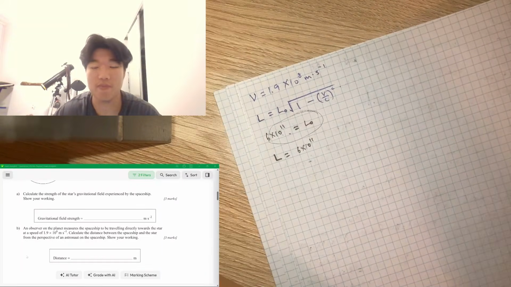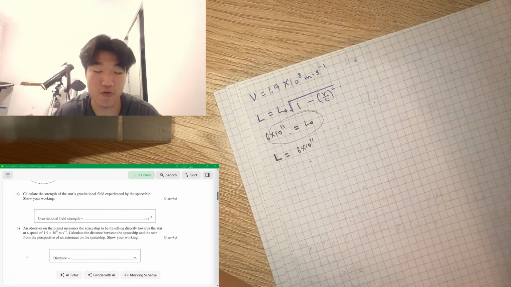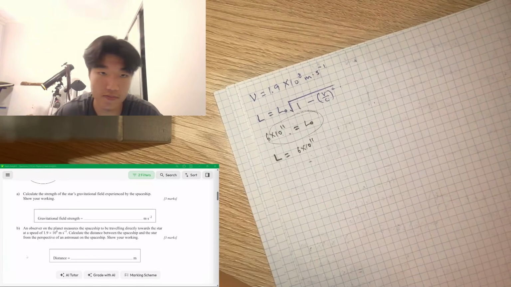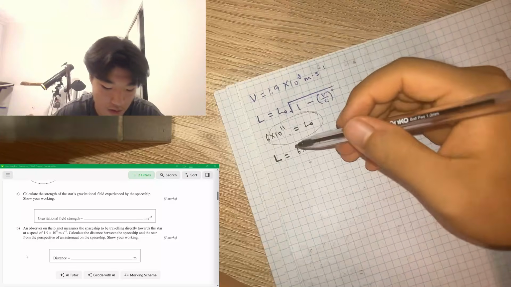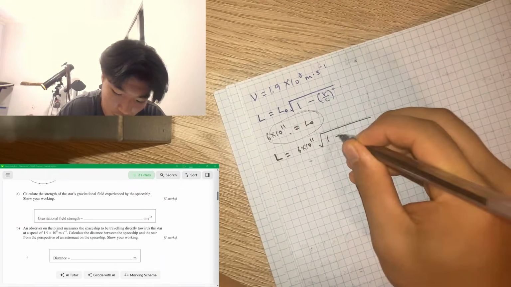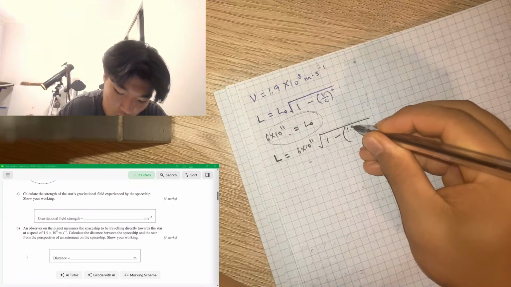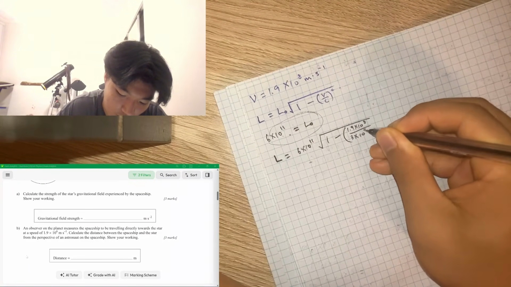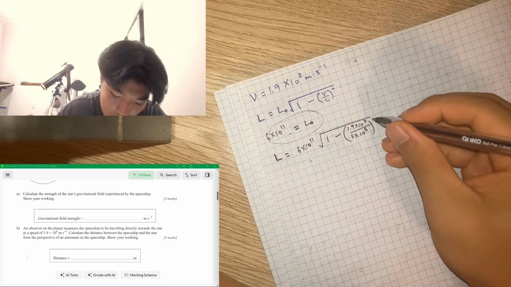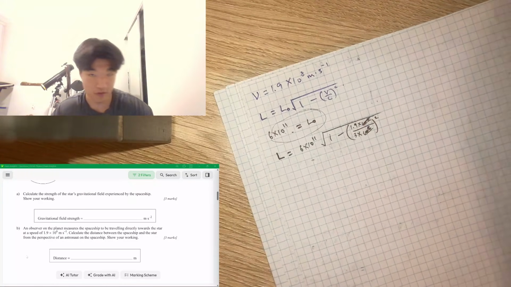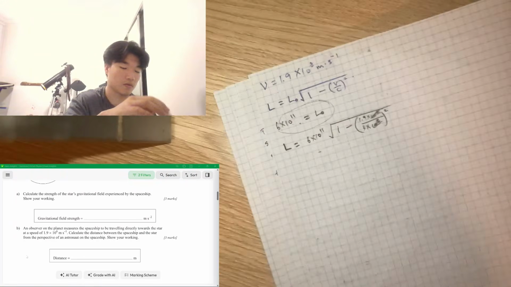True length is when it's measured in an inertial frame of reference to that distance. If it's at rest relative to you, you can get an accurate measurement. In this case, no, they're moving at 1.9 times 10 to the 8, and then we divide that by 3.3 times 10 to the 8, and we square it. These cancel out. We can just put that in a calculator, call it a day.